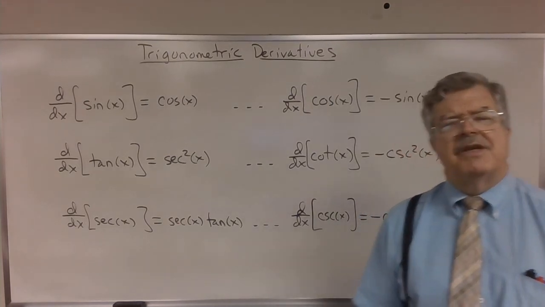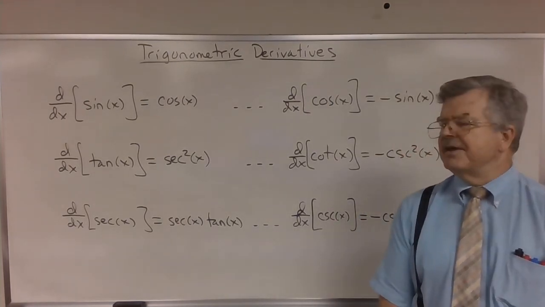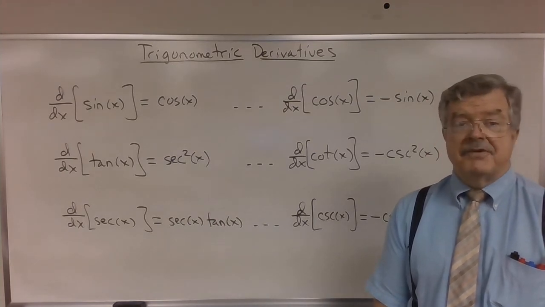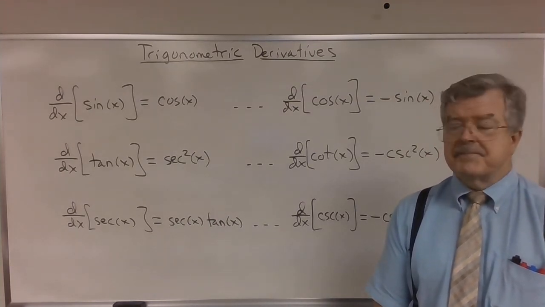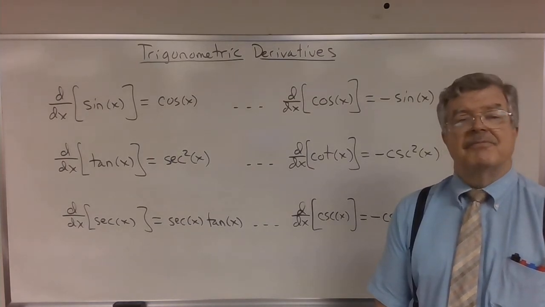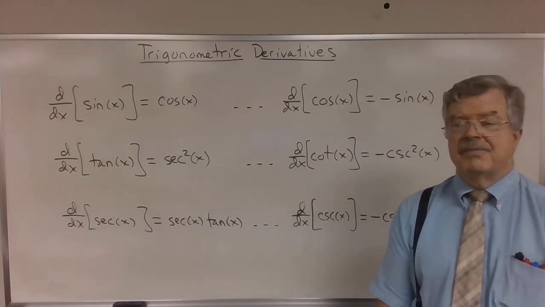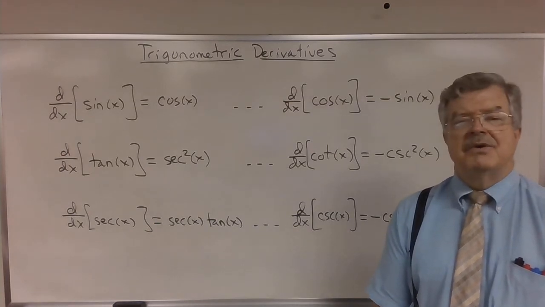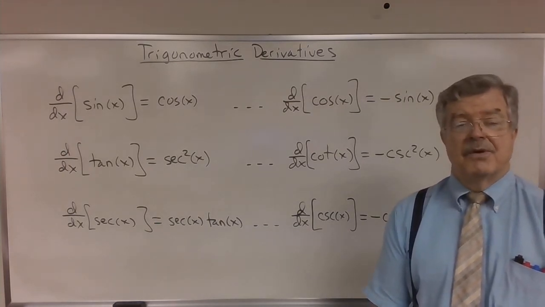Let me say something else also about remembering things. Some of us have had calculus before, and we may have learned some other way of remembering the quotient rule. Something like low d high, high d low, and so forth.